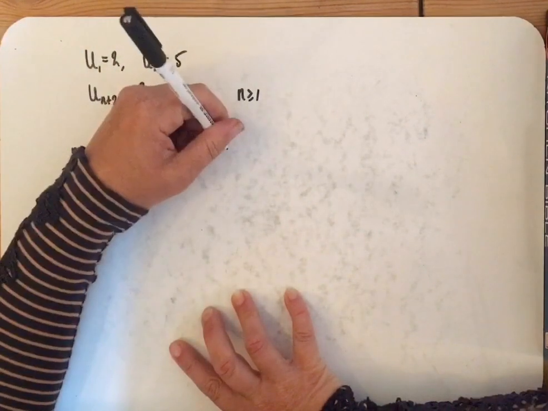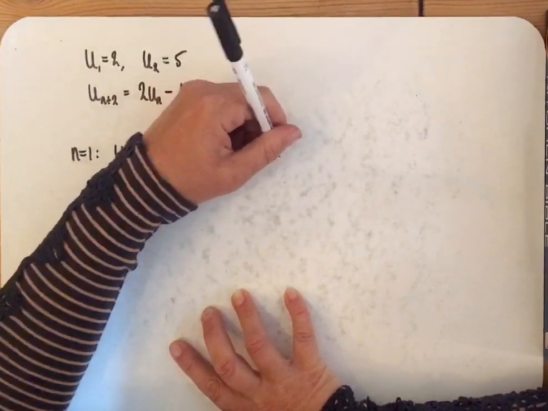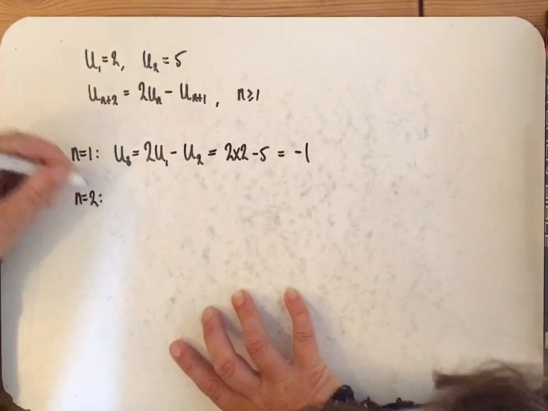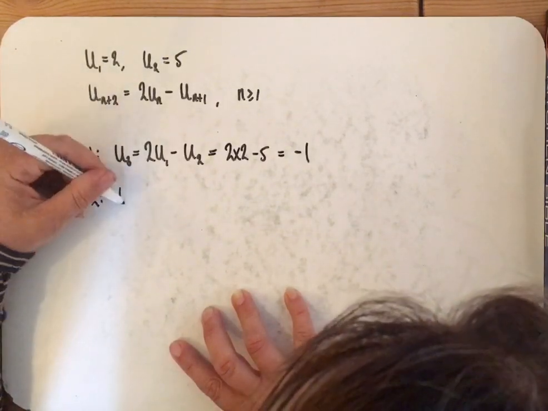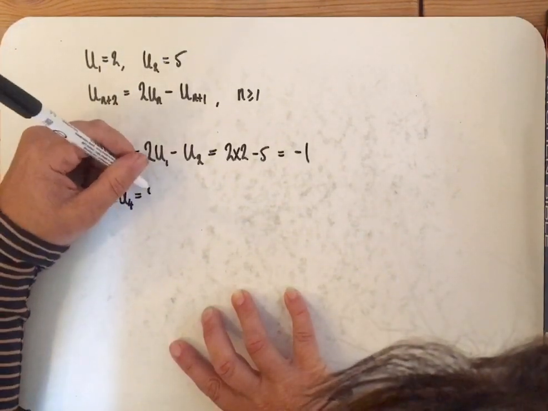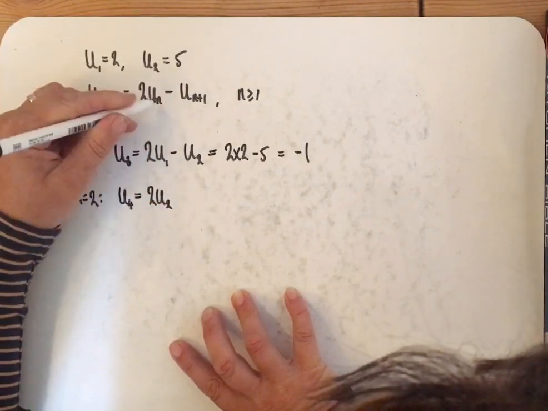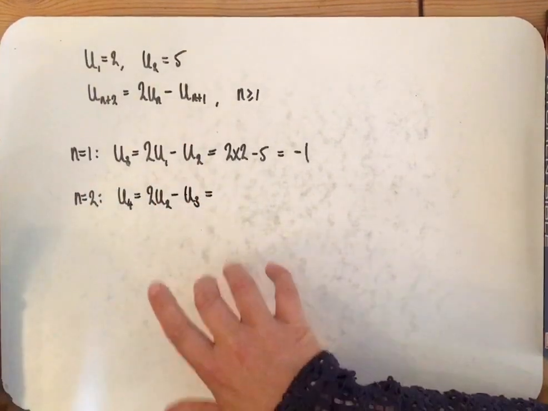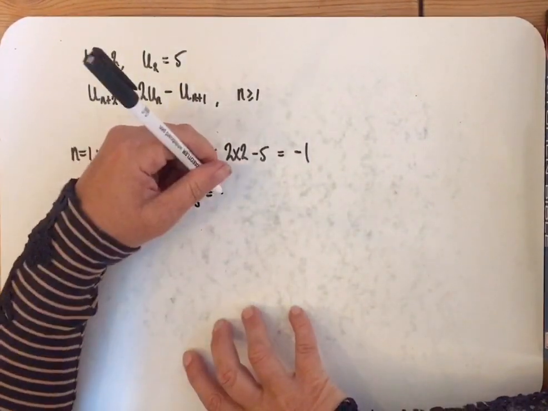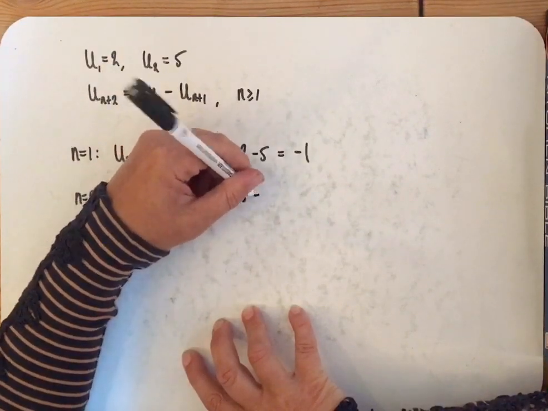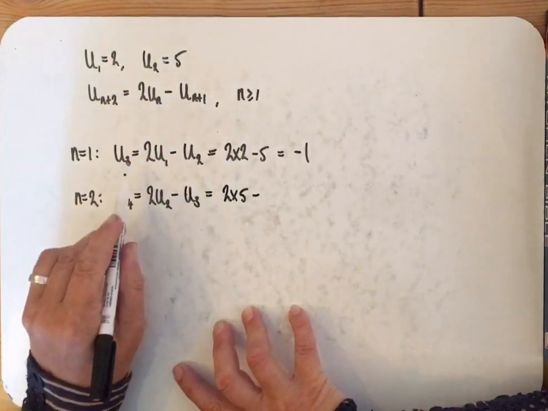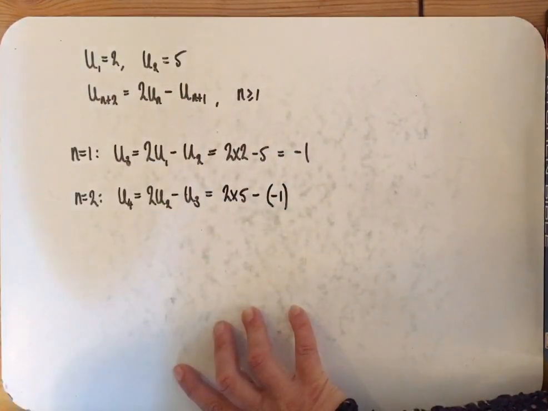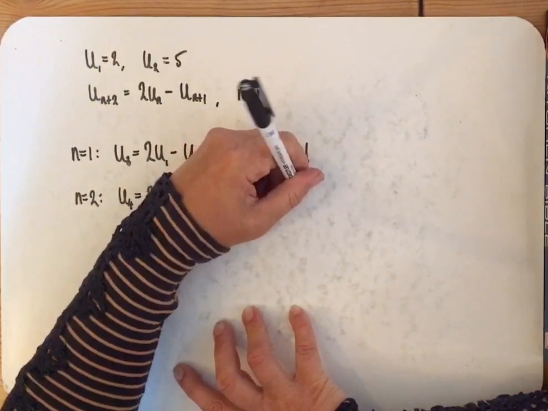First term is 2, so it's 2 times 2 minus 5, which is minus 1. And then you let n equal 2, so 2 plus 2, the fourth term is equal to 2 times the second term minus the third term. So the second term is 5, so it's 2 times 5 minus the third term, which is minus 1. So it's using the previous 2 terms to get to the next one along.